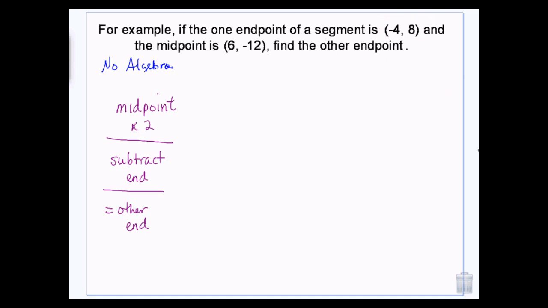And then I erase that. So I'm going to take this midpoint. I'm going to multiply it by 2, which is going to give me 12 and negative 24. I need to subtract the end, which is negative 4 and 8. Okay? But when you do this, you need to remember I'm subtracting a negative.